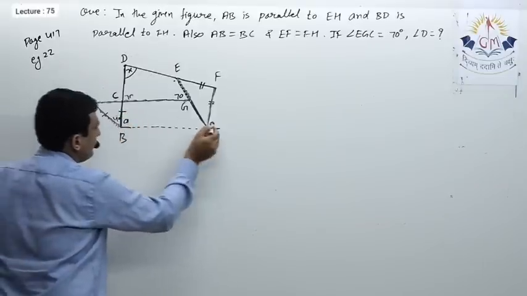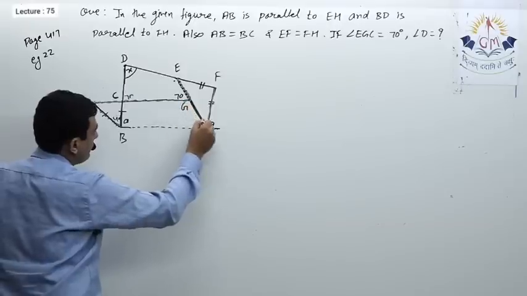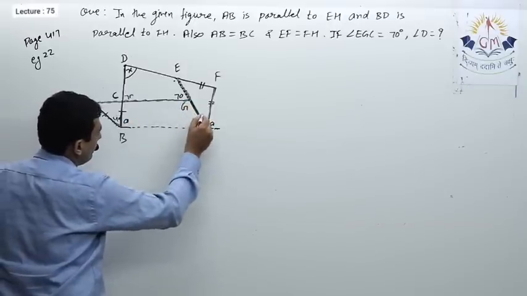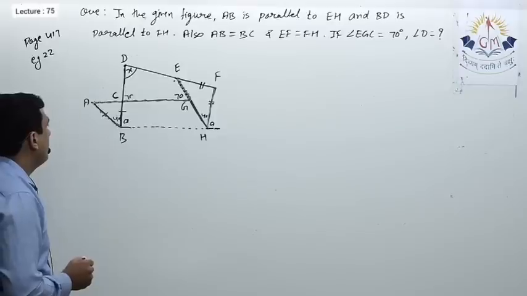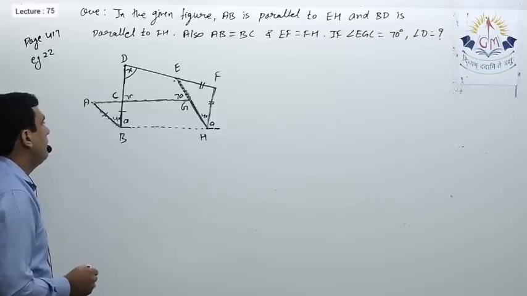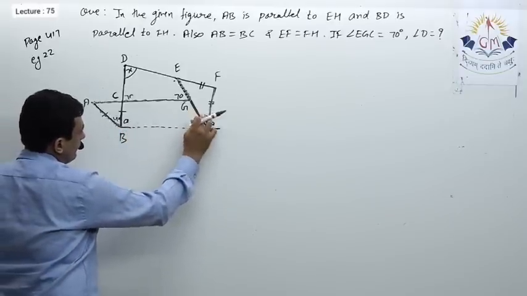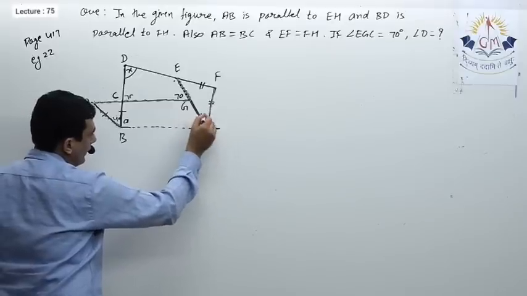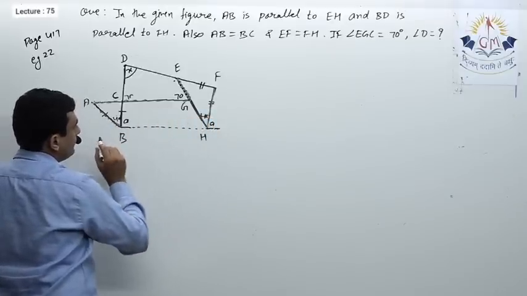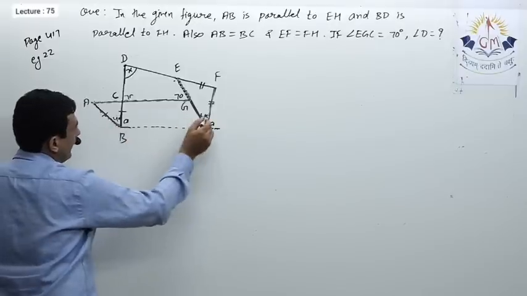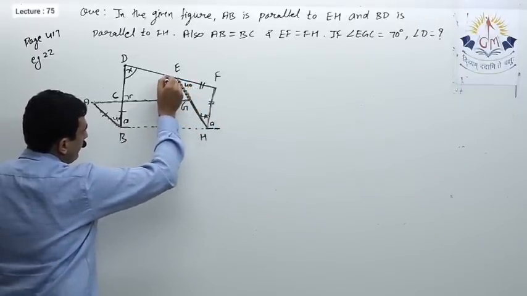So this angle is A, and this angle is also A. Now also it is given this AB is parallel to this, so this angle is 40, so this angle also will be 40. By corresponding angles, 40 plus A and 40 plus A will be equal, but I just need to get the measure of this angle, so this will be 40 degrees. And as this is 40, this will be 40 and hence this will be 140.